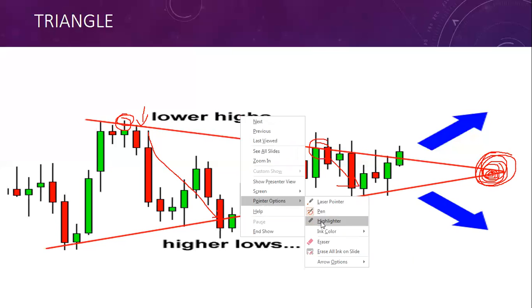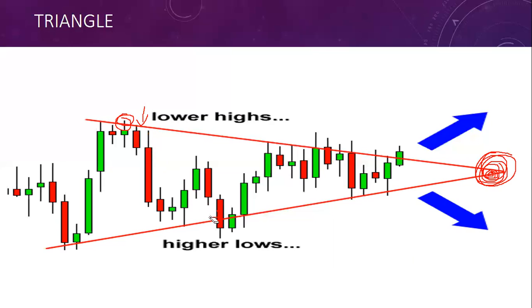Honestly, I don't use this at all. I just wait till the price breaks the trend, up or down. For example, here the price starts to break and goes up, and then, if you remember yesterday, I told you about the retest.